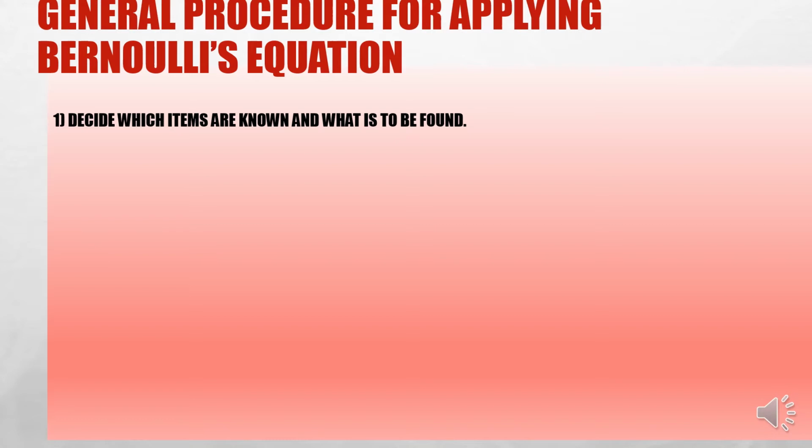For example, if the question is about the movement of liquid from point 1 to point 2, you should first identify the information you need to get. Maybe the question wants you to get the velocity at point 1, or z2. So you have to identify the unknown information you need to determine.